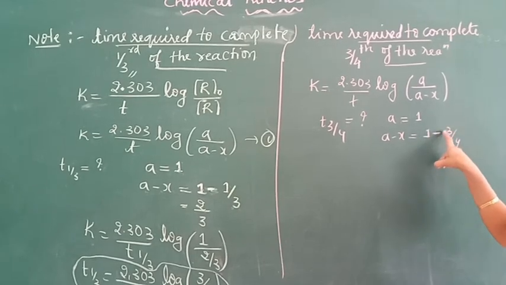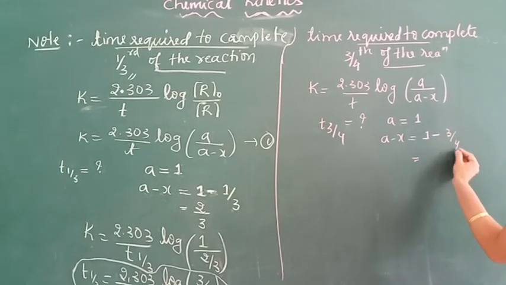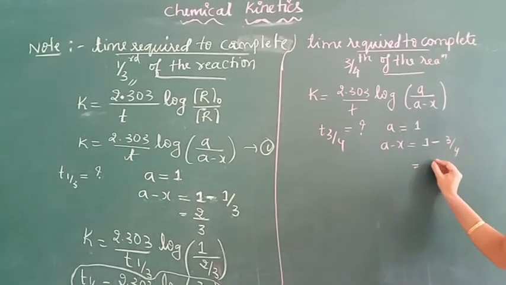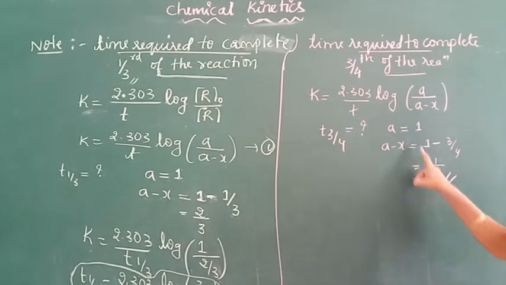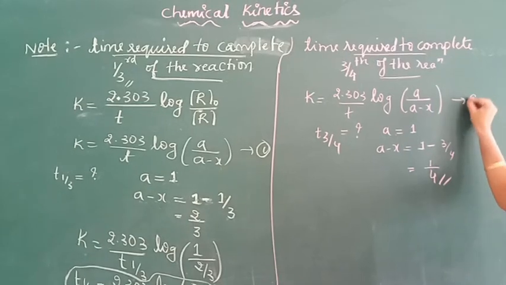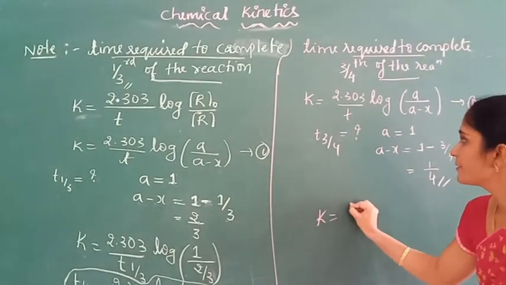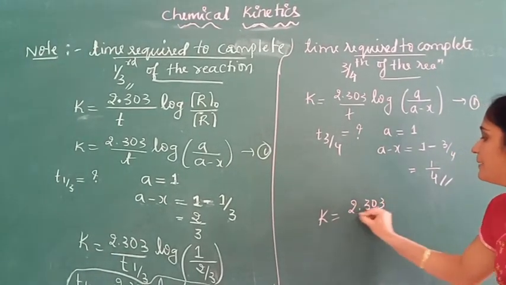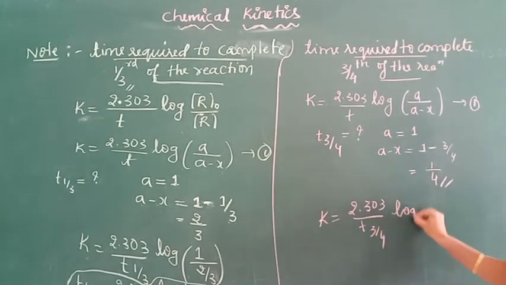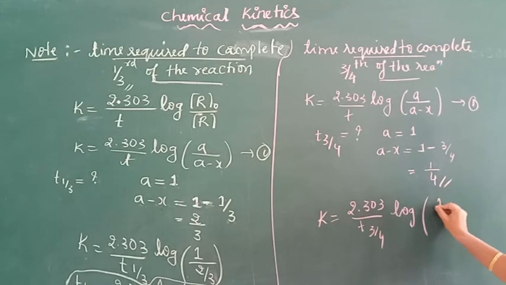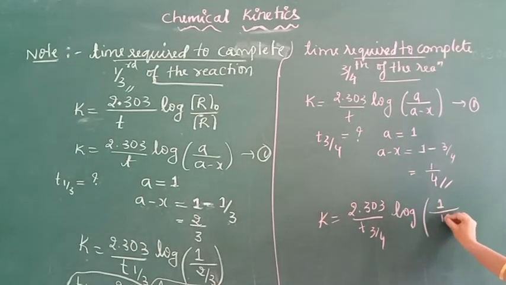So 1 minus 3/4 equals, on simplification we get 1/4. Substitute these two values in equation number 1. So we get k equals 2.303 by t 3/4 log of a value is 1, a minus x value is 1/4.